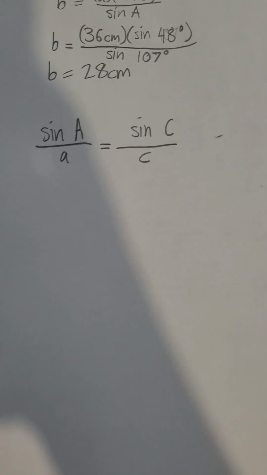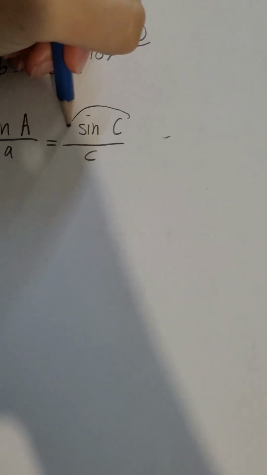Now, this time we're actually solving for sine C rather than being C. So if you're doing physics, pay attention because this is much more important because you need to find angles with sine law rather than side lengths.